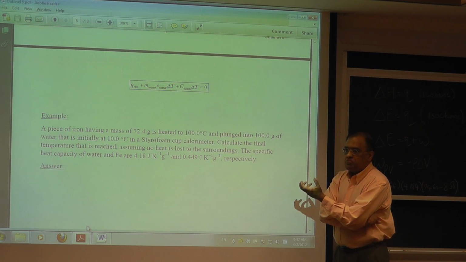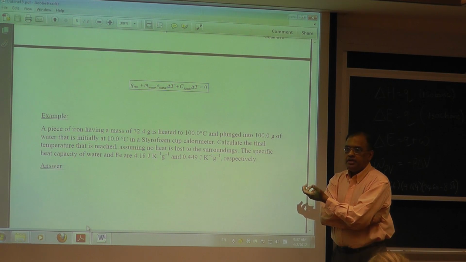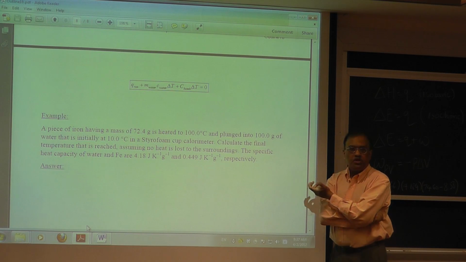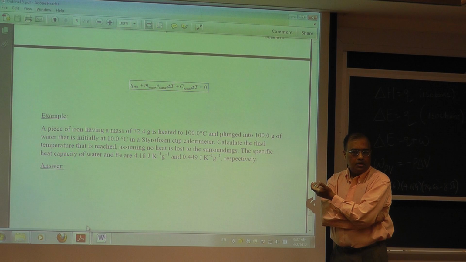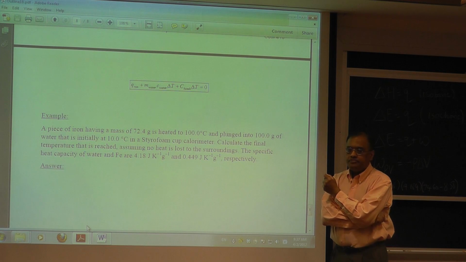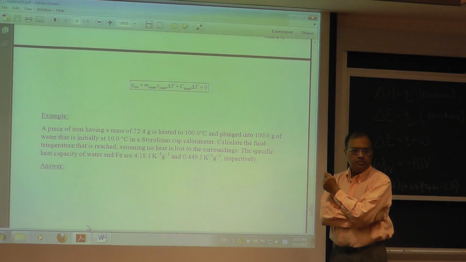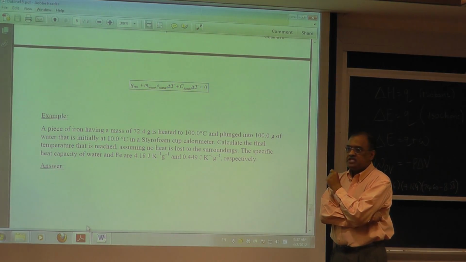So the heat lost by the iron is going to be a negative quantity or a positive quantity? Negative quantity. And the heat gained by the water is going to be a positive quantity. What can you say about the final temperature of the water and the final temperature of the piece of iron?